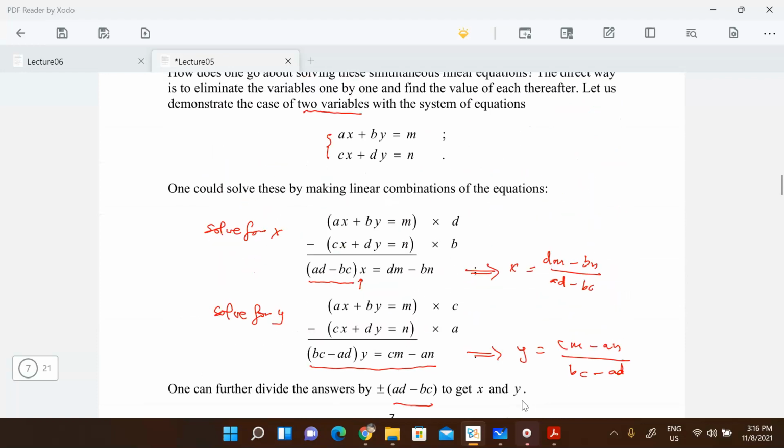If I think of this equation as a matrix equation, then I will have A, B, C, D times X and Y equals M and N. If I take the determinant, I believe you have done determinant before, this is AD minus BC, which is precisely the numbers that you get over here, well, plus or minus. And that is related to another technique, which is called Cramer's rule.